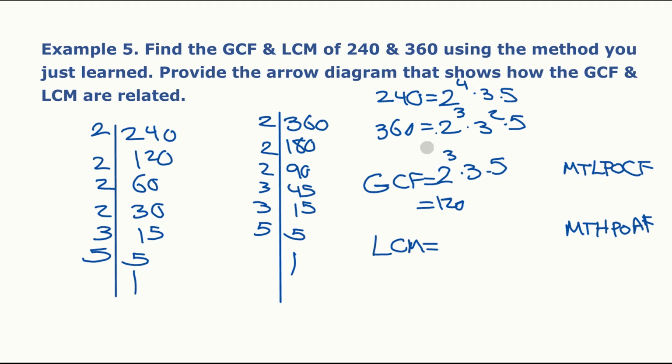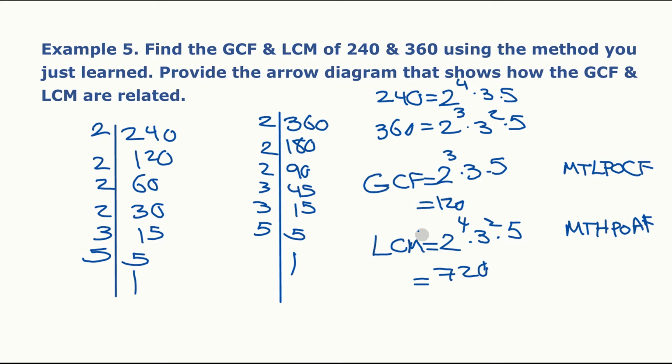So what's the highest power of 2 that we see? Well, it's 2 to the 4. And what is the highest power of 3 that we see? We can see it's 3 squared and then 5. So we end up with 16 times 5, which is 80, times 9, which is 720.